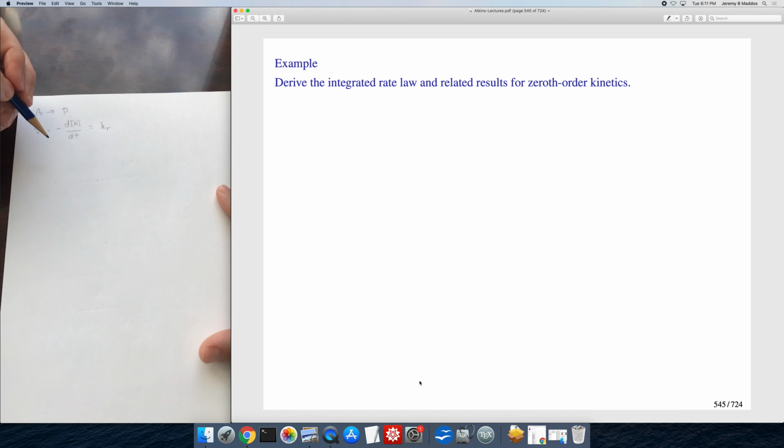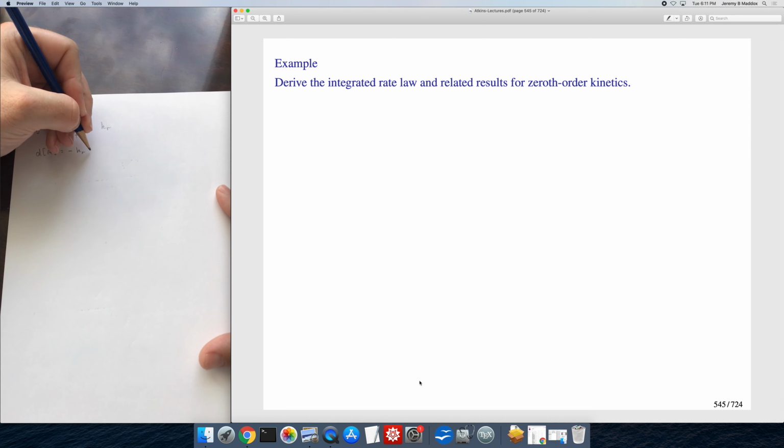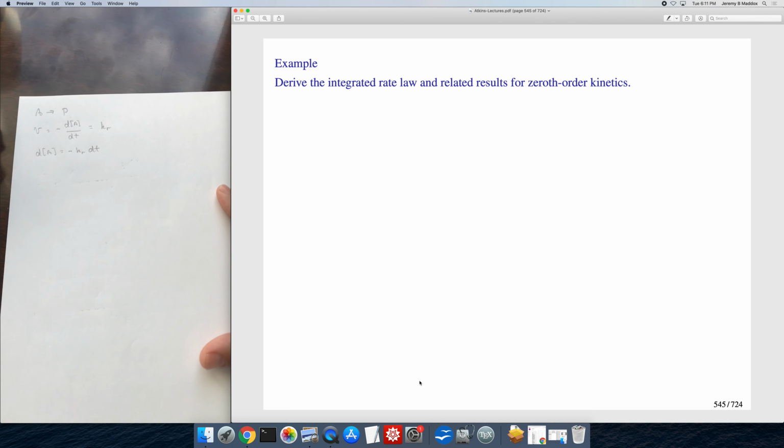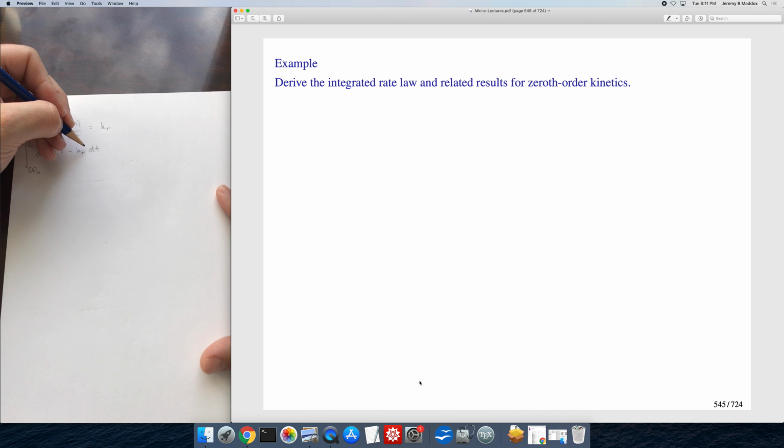And so how we do that is we rearrange the differential equation. So we can write it like so. And then it's easy. From here, we just integrate both sides. We'll integrate from the initial concentration of species A to the final concentration, and then we'll integrate the right-hand side from 0 to some time t.